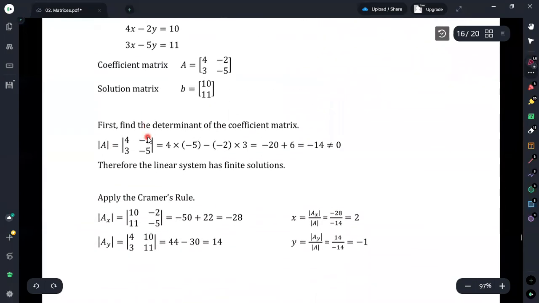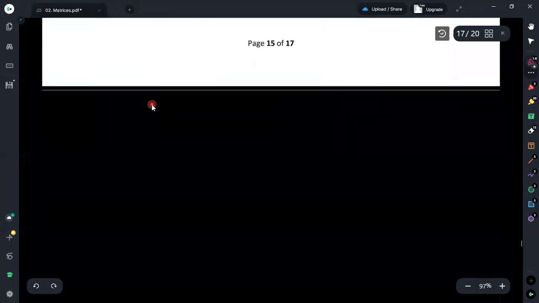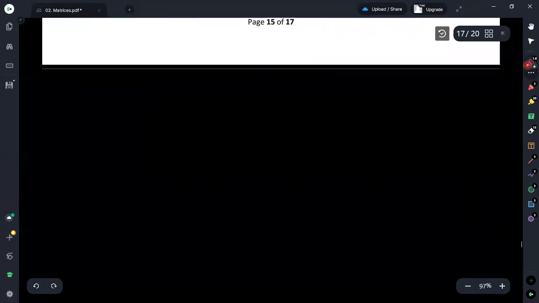Here we are asked to use Cramer's rule, so I will write the values here.